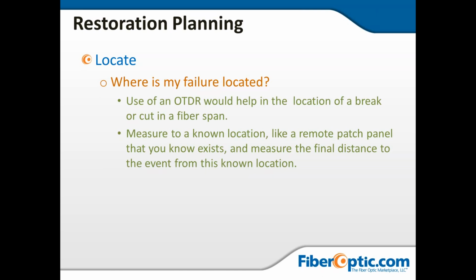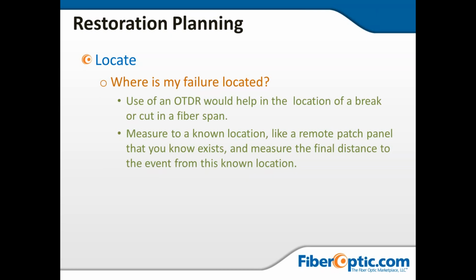So if I'm looking at a fiber span and let's say it's 60 kilometers long and I'm looking out 40 kilometers and I see an event, sometimes, because of the helix factor of how the fibers are coiled in the jacket of the cable, or index of refraction, or some of these other factors, the distances can be a little bit off.